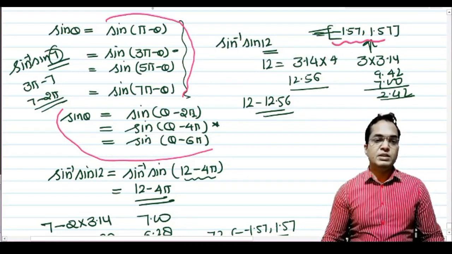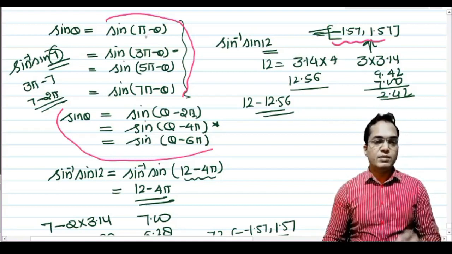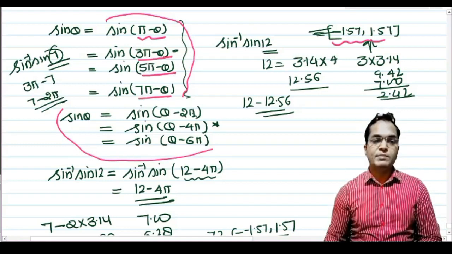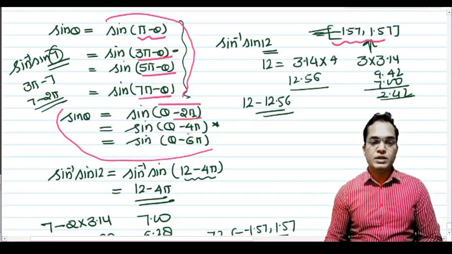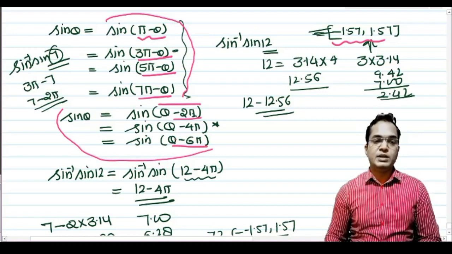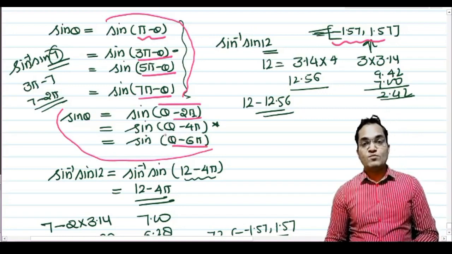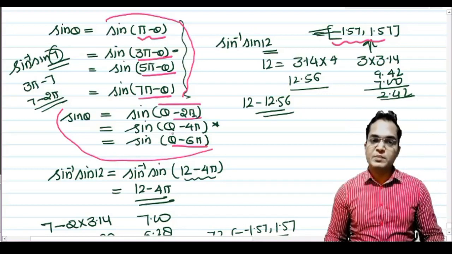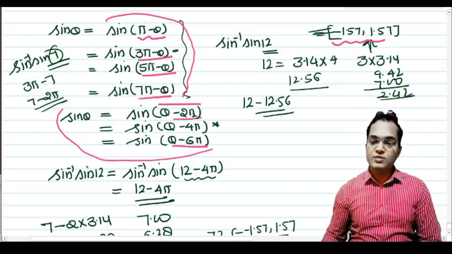Got it? If somebody memorizes this system, odd multiples of pi minus theta, that is pi minus theta, 3 pi minus theta, 5 pi, 7 pi, 9 pi, and theta minus even multiples of pi, theta minus 2 pi, theta minus 4 pi, theta minus 6 pi, then we can take any big angle also, and we can easily solve it.